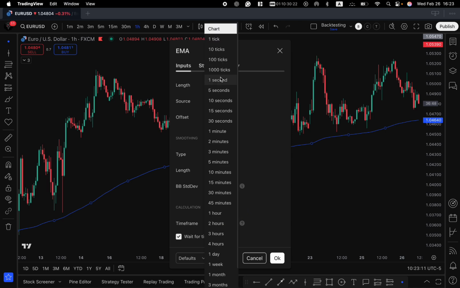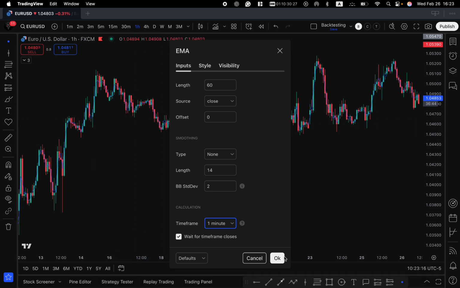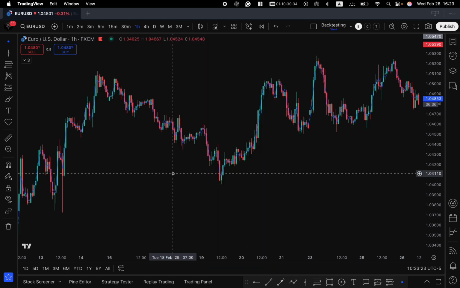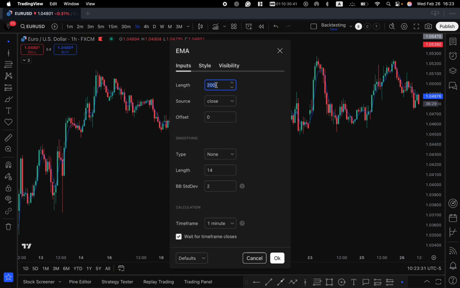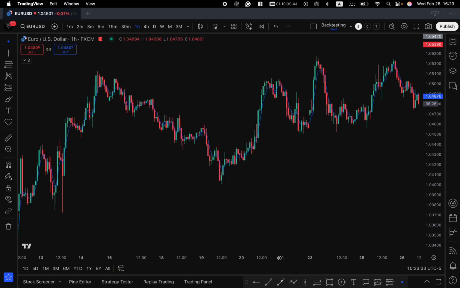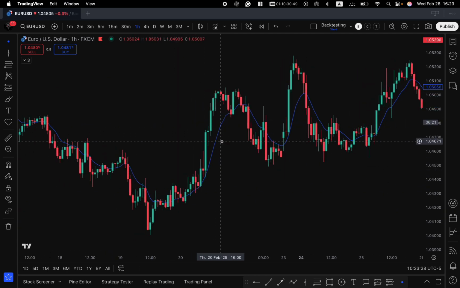And here you can set it to the 1 minute time frame, so it's not different when the chart, let's set it to 200 again, because 60 minutes is again 1 hour. As you can see, it really catches up to the price, so you can tweak with it and maybe set, for example, 600, okay? It's basically a 10-hour moving average right now that we have on the chart.